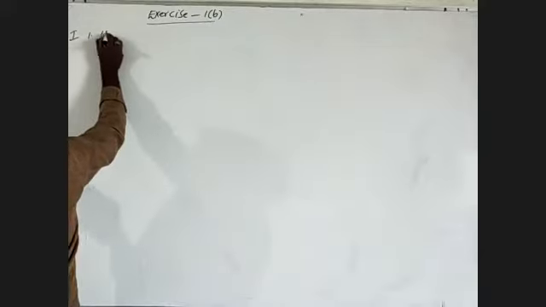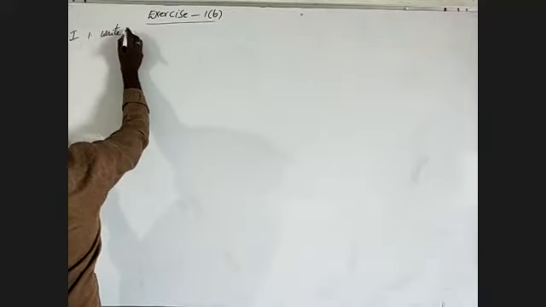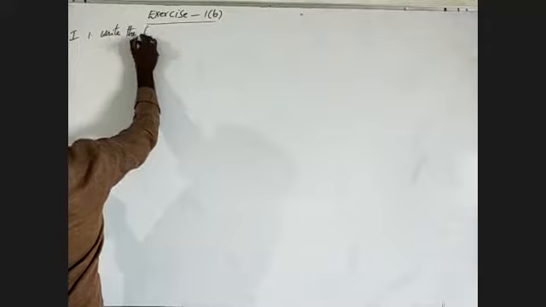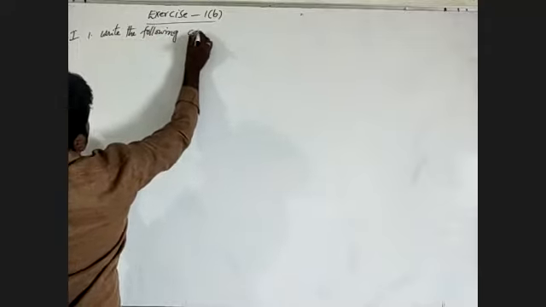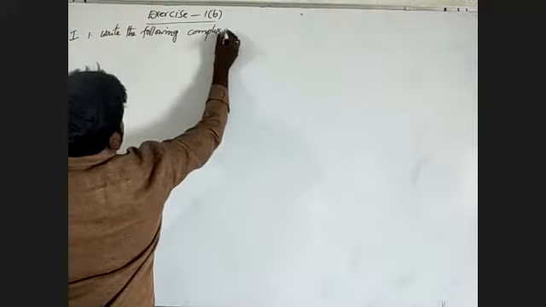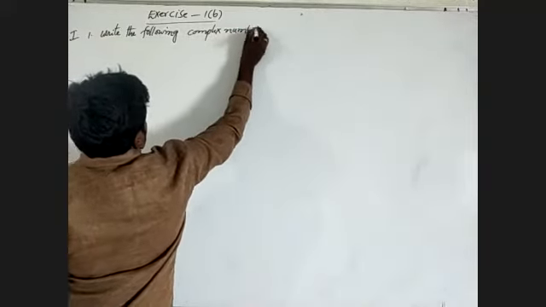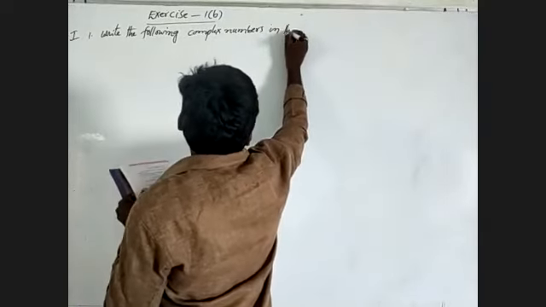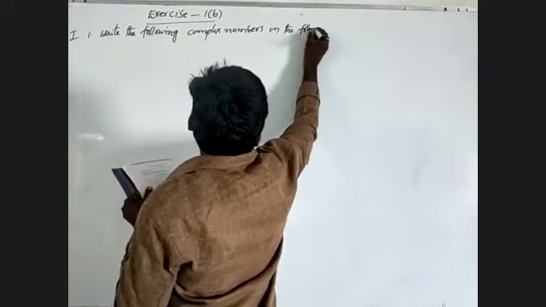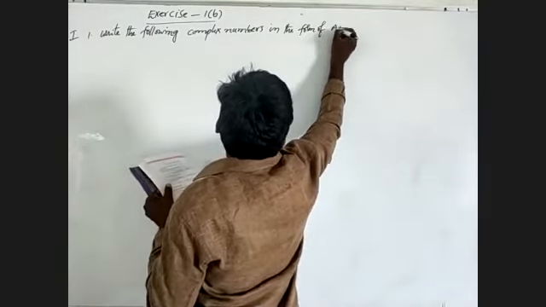First one is: write the following complex numbers in the form of a plus ib.